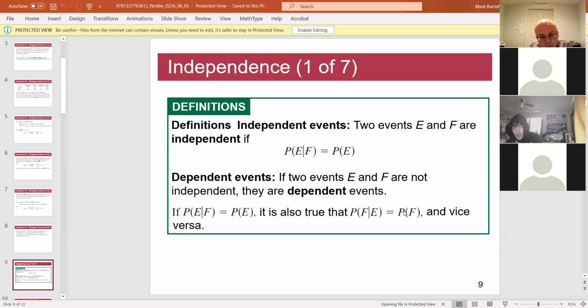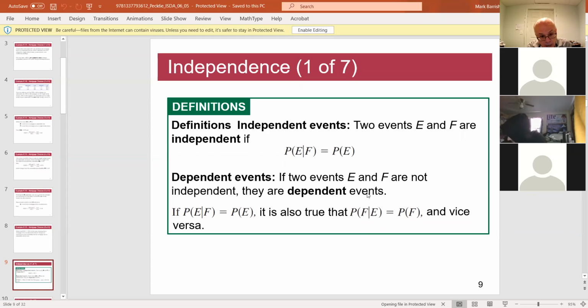Notice that this would also be true if this is true. These two have to be true. If two events are independent, then the probability of E given F is equal to the probability of E, and also the reverse, the probability of F given E is equal to the probability of F. Both of those have to be true for the events to be independent. And if one is true, the other one is going to be true. And that's the definition of independence.